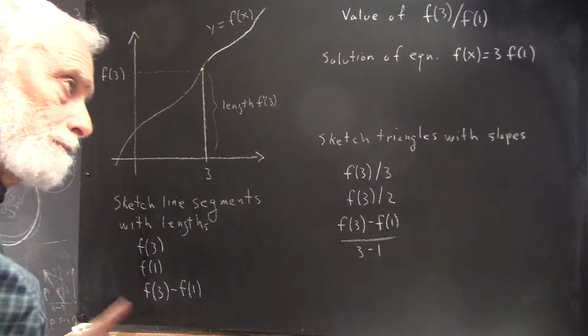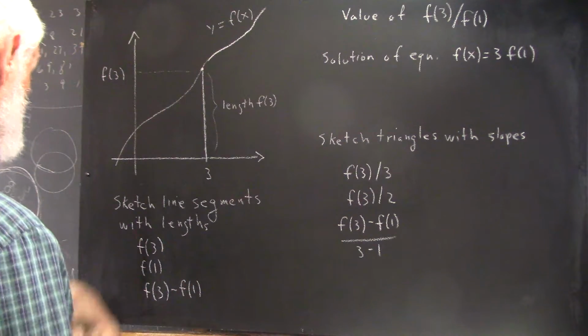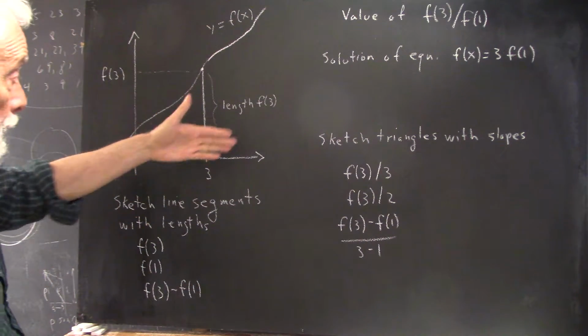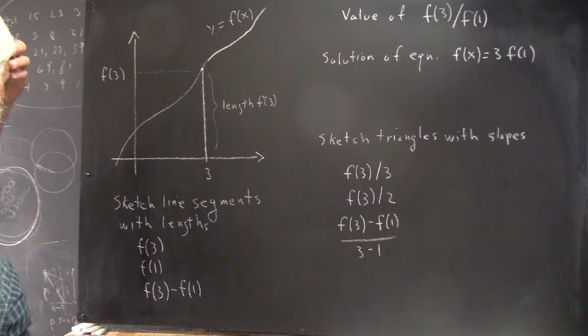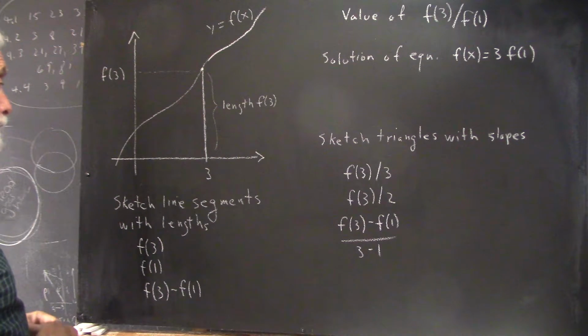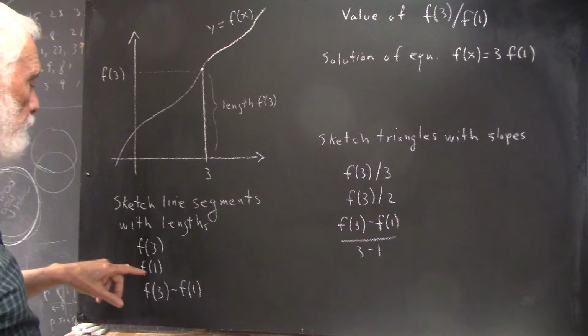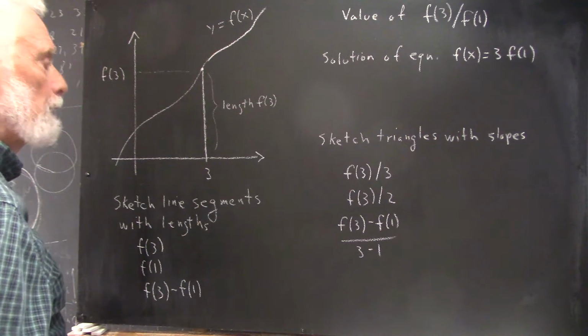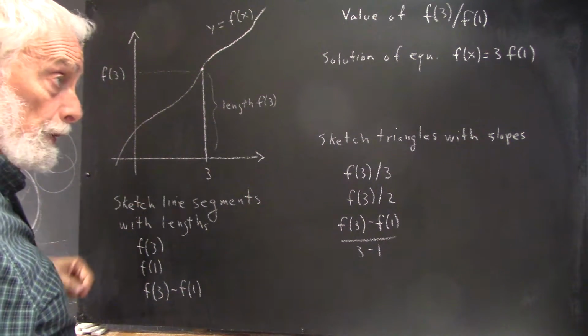Okay, now what about length f of 1? Well, you should think about this. You shouldn't let me do this, because once people had this hint, they were off and running. Of course, if you've already gotten it, that's great. F of 1. Okay, first thing we got to do is locate 1 in this graph.